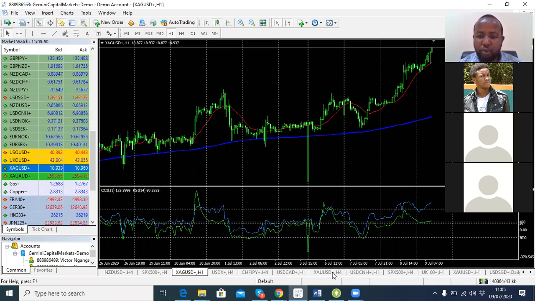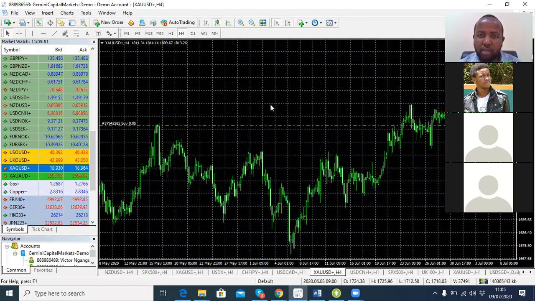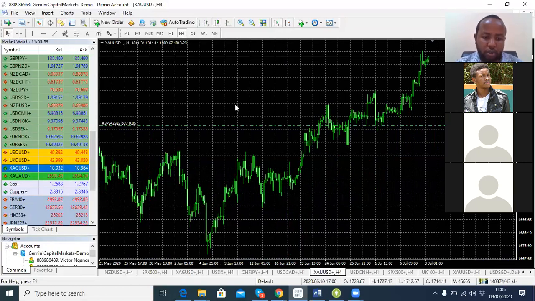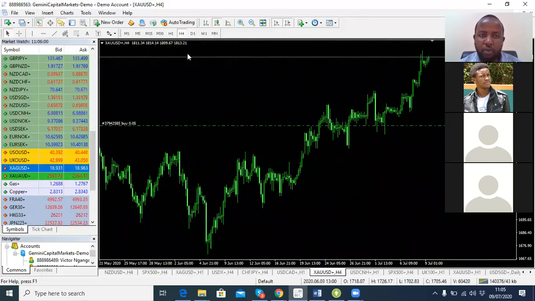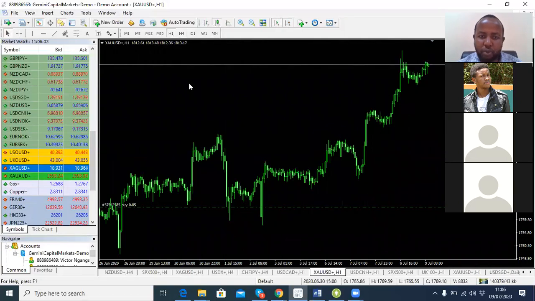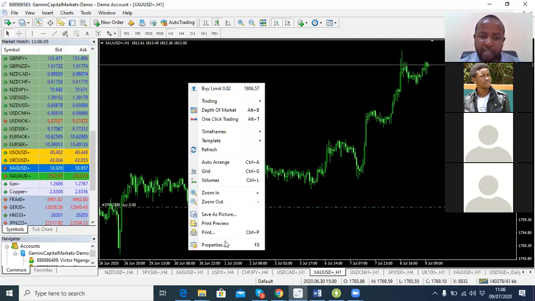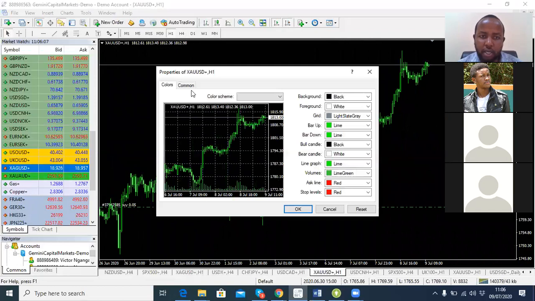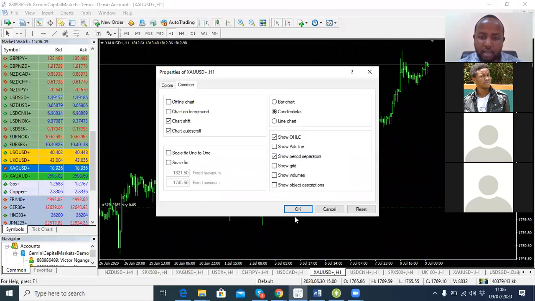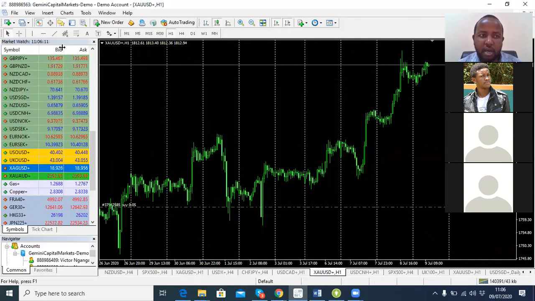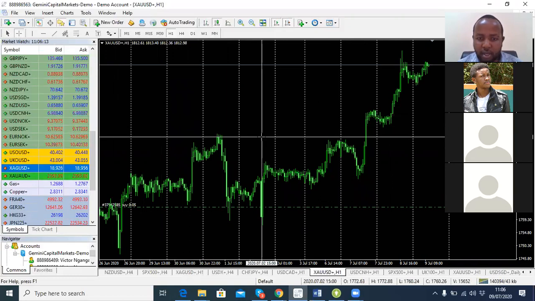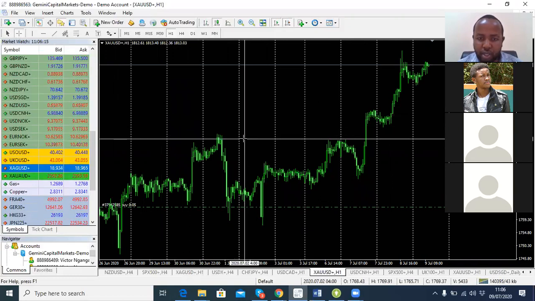Then we go to gold. Let's see what has been happening with gold. Control G again. Then we go to 1 hour, because I want to know how far it has gone since Monday. Again, I add the separators here like that, and then I can track it. So this was Tuesday.